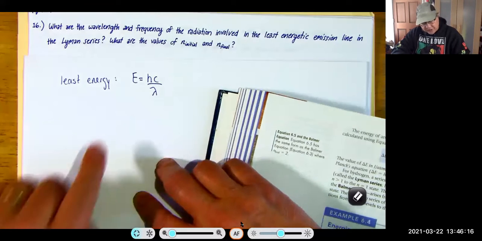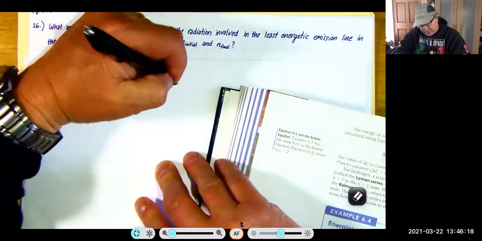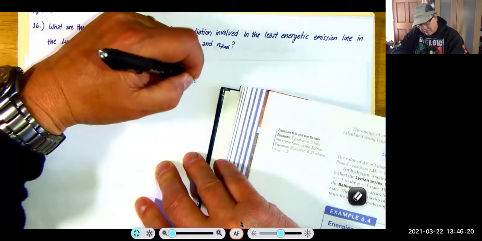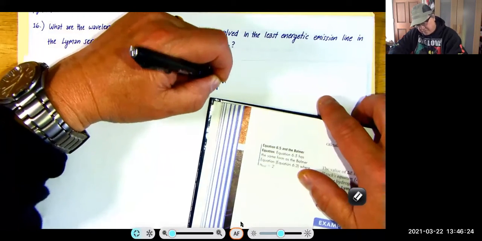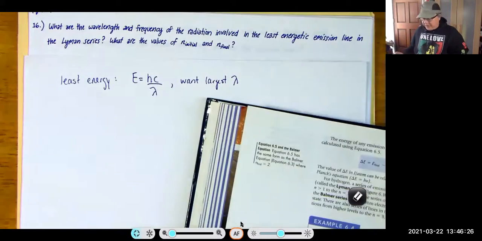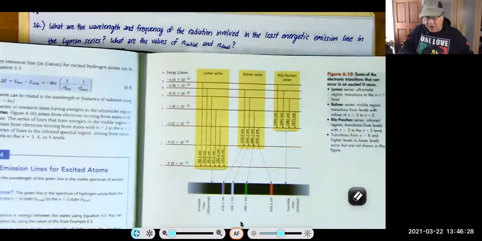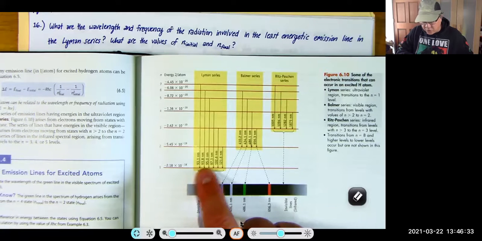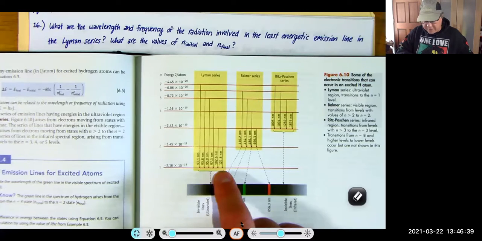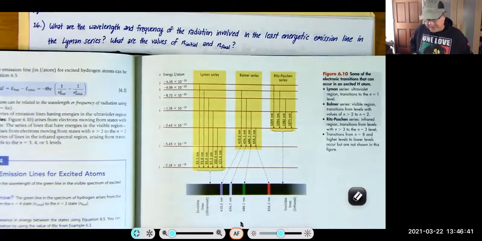So to get the smallest energy, we want the largest wavelength. Okay, so let's take a look at which one of these has the longest wavelength. And here, there's this one that says 121.6 nanometers, and the others are all smaller. So the largest wavelength is 121.6 nanometers.